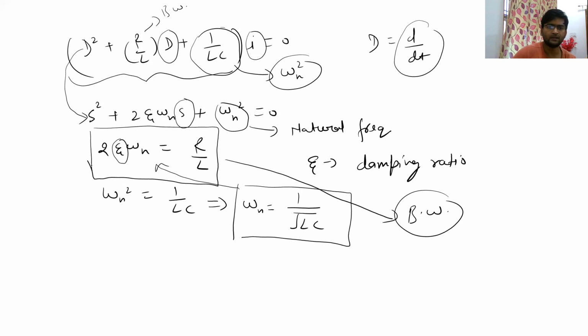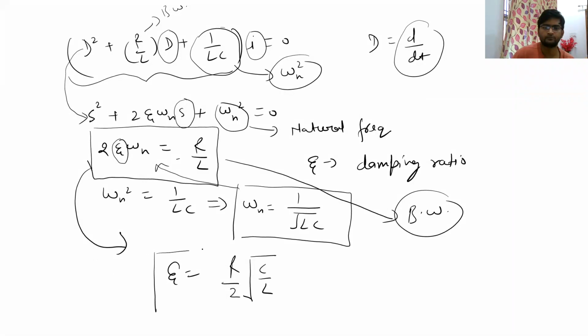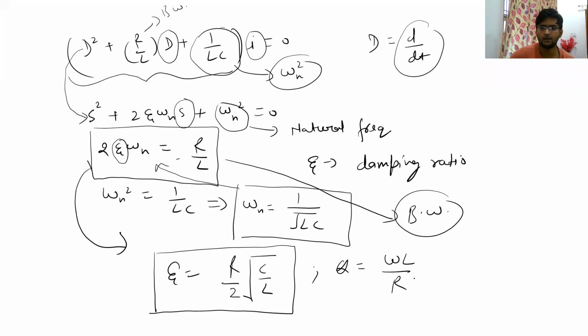So moving further, if we put the value of omega n in this particular equation, we will find zeta is equal to R by 2 under root C by L. Since we are talking about resonance, we knew that Q was equal to omega L upon R, or you can also write 1 upon omega CR.